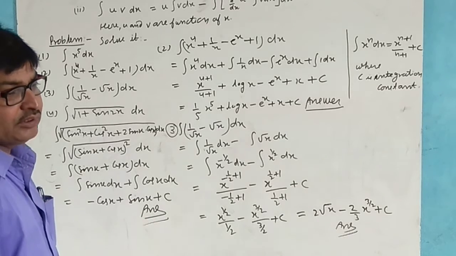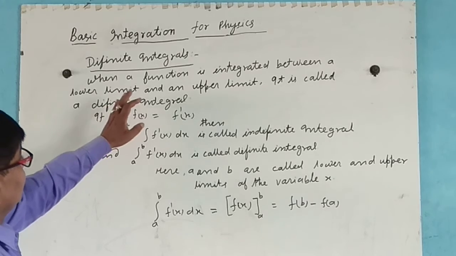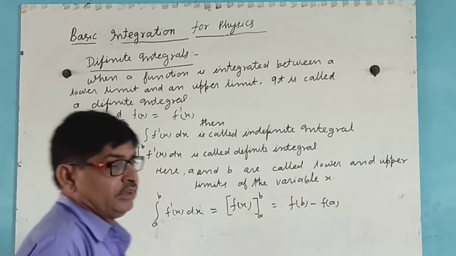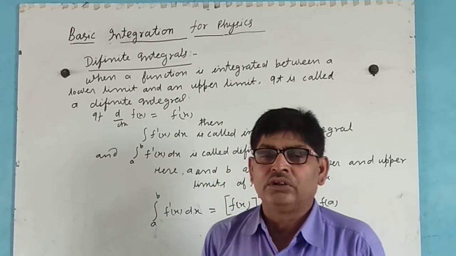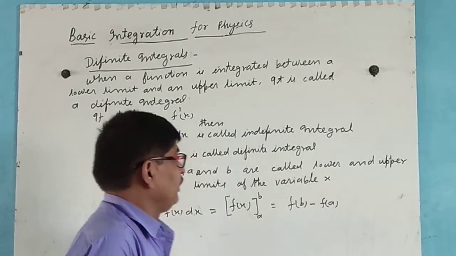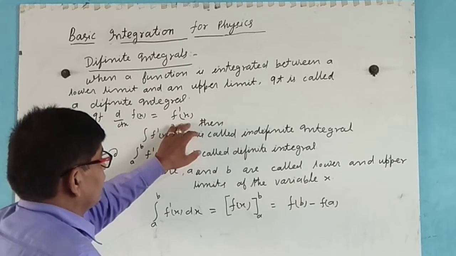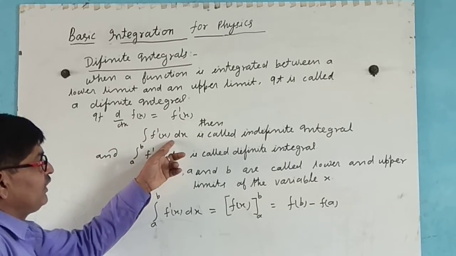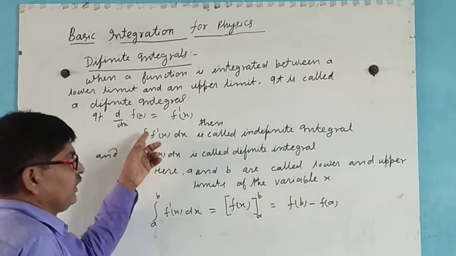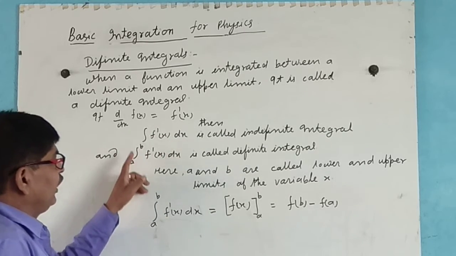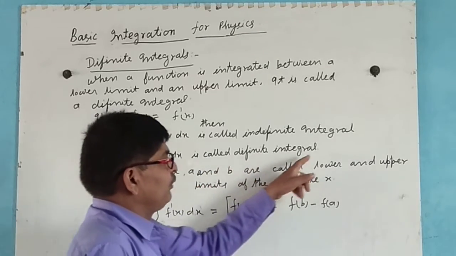Now we discuss the definite integral. When a function is integrated between a and b, where a is the lower limit and b is the upper limit, then if d by dx f(x) is equal to f dash x, integration of f dash x dx is called the indefinite integral, because here no limit is present in this integral. But if a and b, the limits, are present, f dash x dx is called the definite integral.